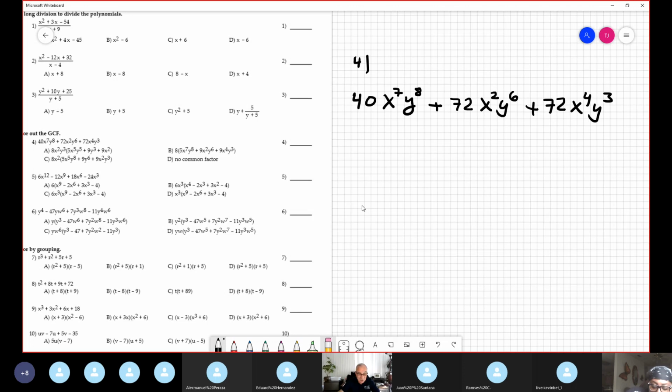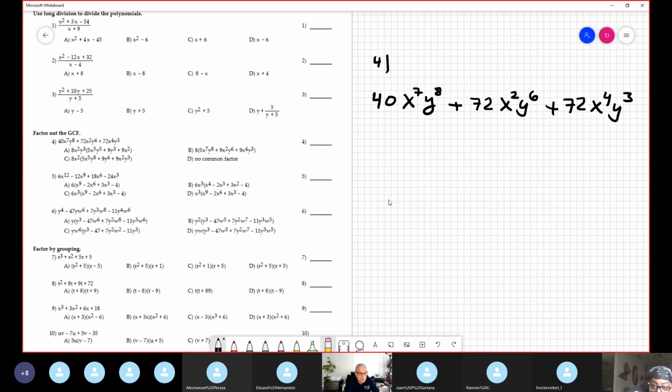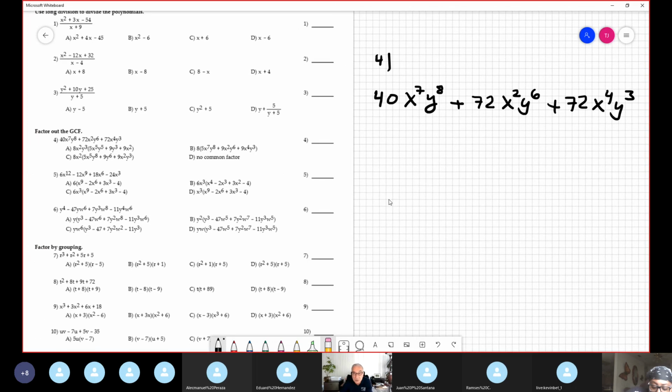Okay, entonces, what is the question? The question is factorization: factor out using GCF, the greatest common factor.